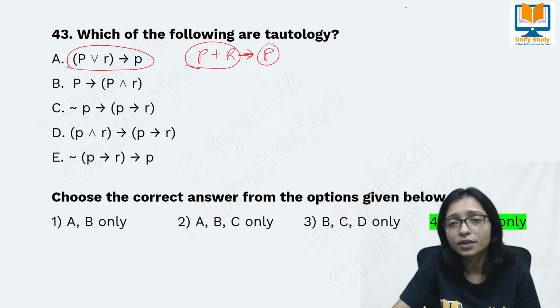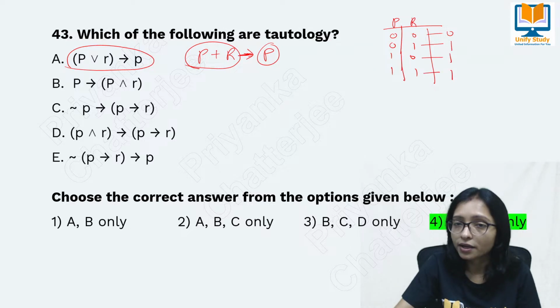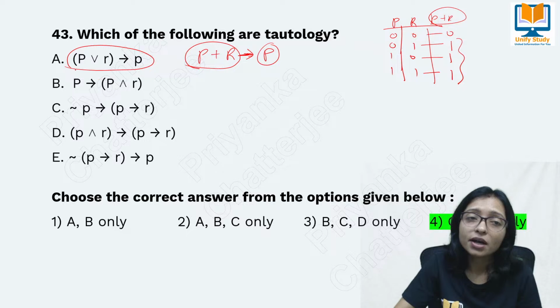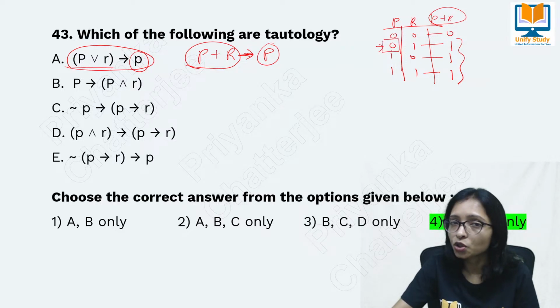It may not be, because when you take P and R as 0 0, 0 1, 1 0, 1 1, this one is 0, other than that this one is 1, this one is also 1, this one is also 1. So all these combinations can be 1 for P plus R. I can't say whenever P plus R is true, then P is always true, because P can be false also. Here I can see P can be false also.